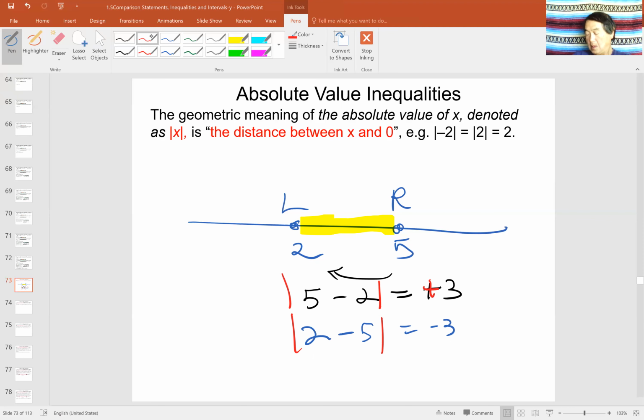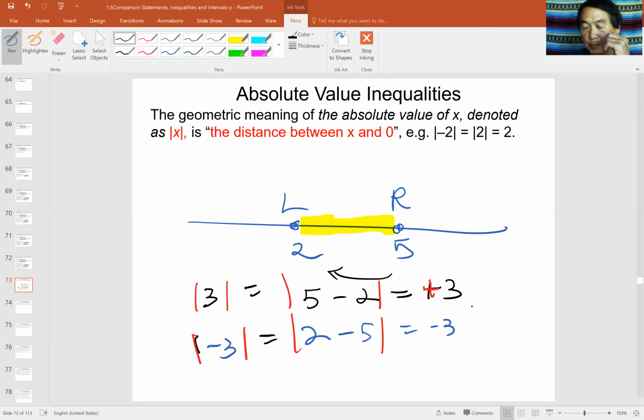In particular, the first one we have is absolute value of 3, and the second one is absolute value of minus 3, right? And the goal is to make them the same answer, coming out to be positive 3.